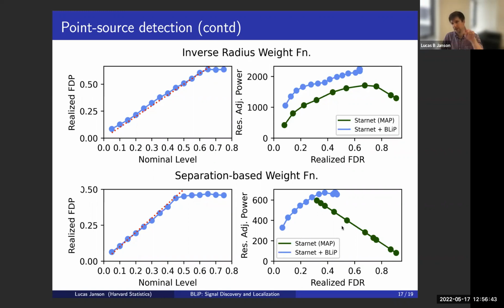Another thing to note is that the green curve actually traces out a parabola. If you vary epsilon, it goes out and then back. It's not like, if we just made epsilon smaller, we keep going to the left. That's actually a hard limit that you can't go past. And we are also able to achieve higher power than anywhere on the green curve for realized FDRs around 30 to 50%.